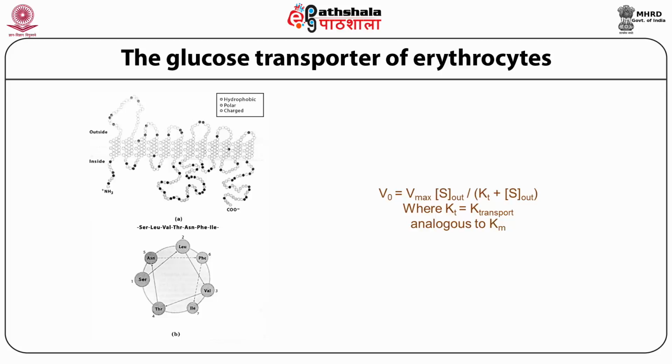GLUT1 is specific for glucose with Kt equal to 1.5 millimolar. The specificity is not absolute, but Kt for D-mannose is 20 millimolar, which is much higher, and 30 millimolar for D-galactose, even higher.